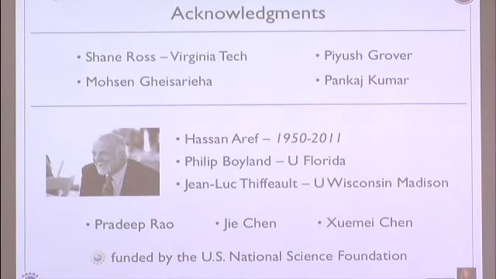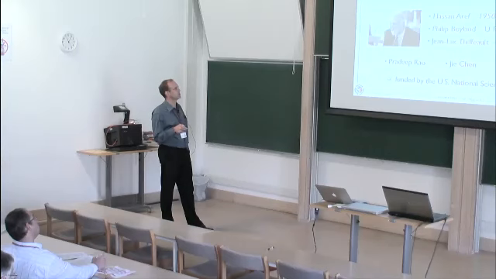So Shane Ross is a dynamicist at Virginia Tech, with whom I'm working on these set-oriented approaches. Piyush Grover was his graduate student who I worked with as well, and Mohsen Gesaria and Pankaj Kumar were two graduate students who have worked with me.